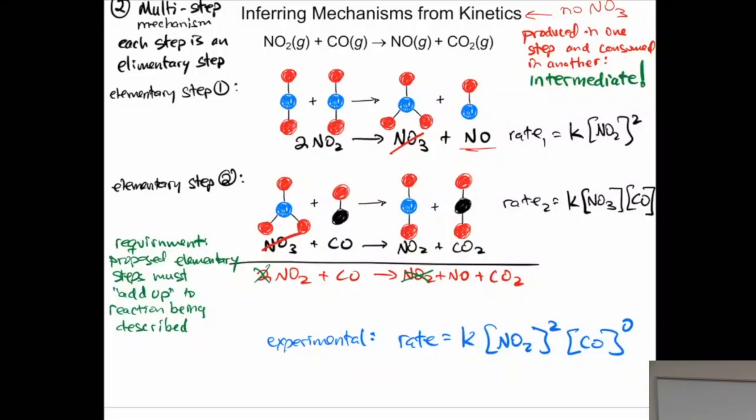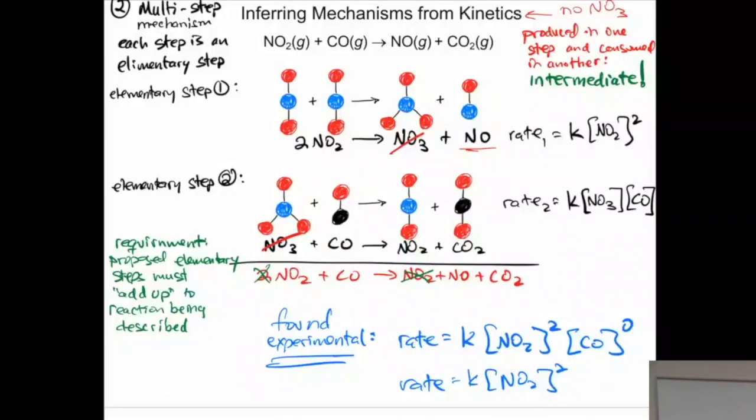Yeah. Which is the same as just saying the rate, because that's 1, right? Anything raised to the 0 power is 1. So that's the same as saying that the rate is K times NO2 squared. That's what we found. So does that match either of our 2? It does. Yay! But what about elementary step 2? It doesn't match that. Okay?